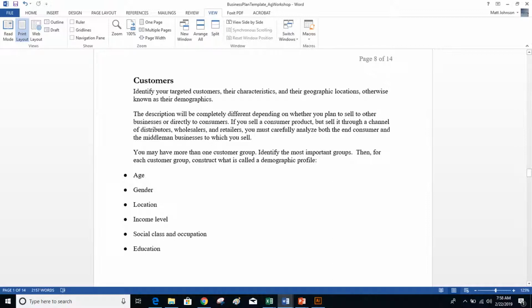You may be focused on a specific geographic part of the island. Income level. Are you going after more of a high-end product, or are you trying to provide a product to the masses? Social class and occupation. It could be kind of blue collar versus white collar type workers. Also could be people of a certain kind of education background.